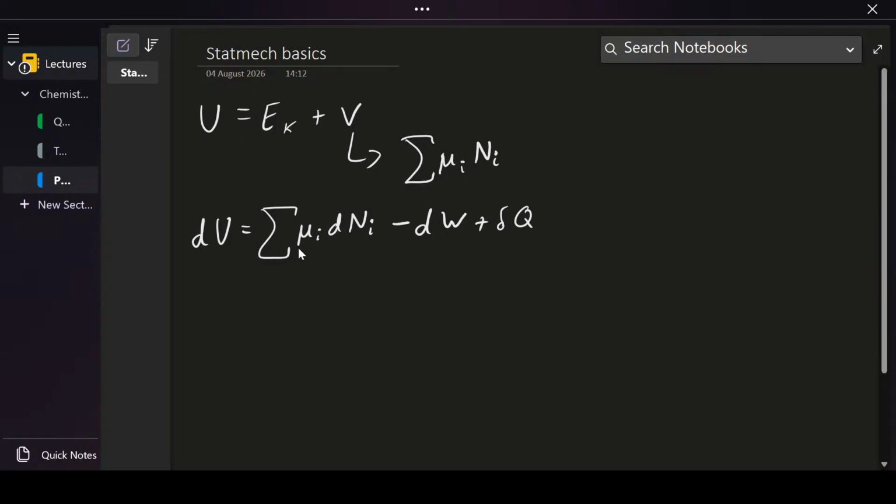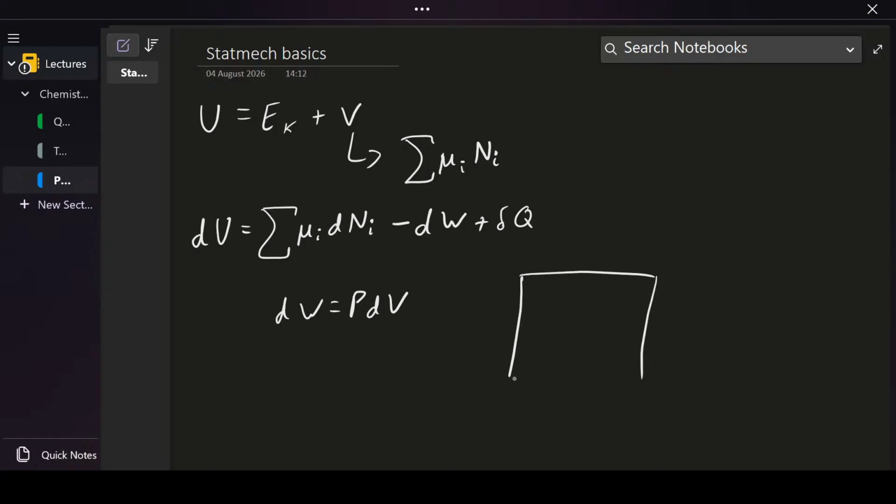So anyways, looking at this dW term, we're going to see that this is going to be equal to P, the pressure that my gas is going to exert, multiplied by dV, a small change in volume I have. And this is because if I've got a box and I increase its size by some small amount, dl, and my particle is exerting a force, F, then the work my system is doing is going to be equal to F dl.